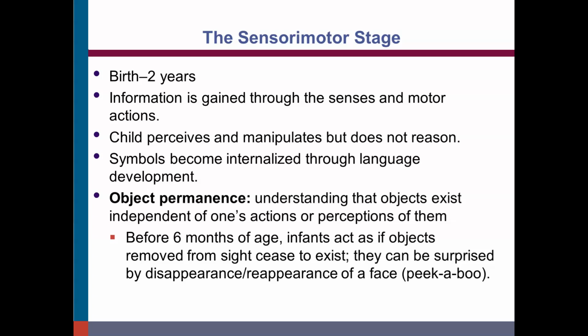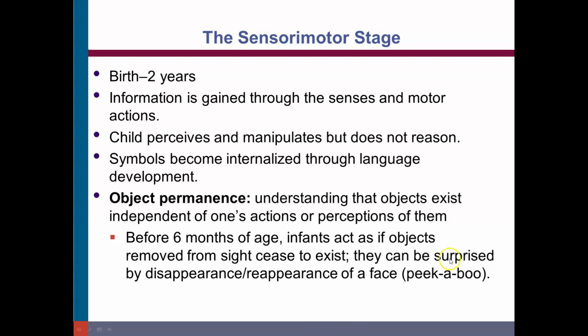During this phase, most infants achieve what's called object permanence, understanding that objects exist independent of one's actions or perceptions of them. Before they're six months old, infants tend to think that if an object is not within sight, it no longer exists.